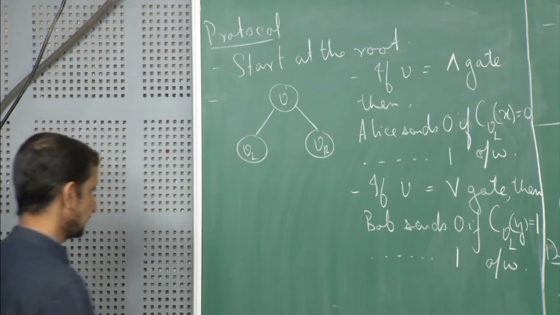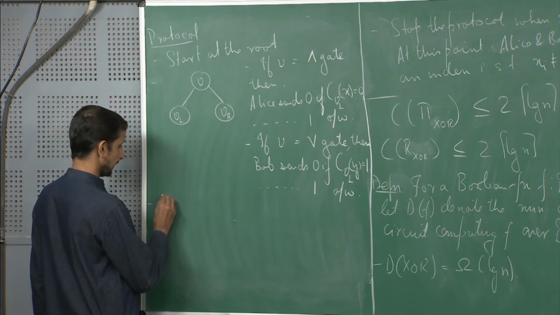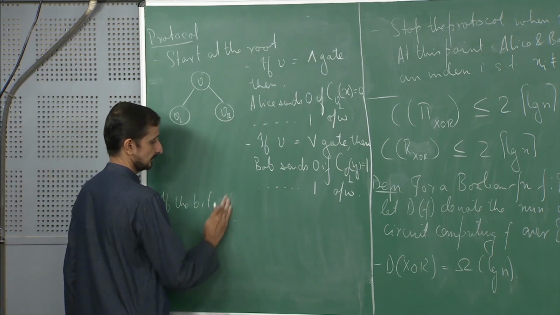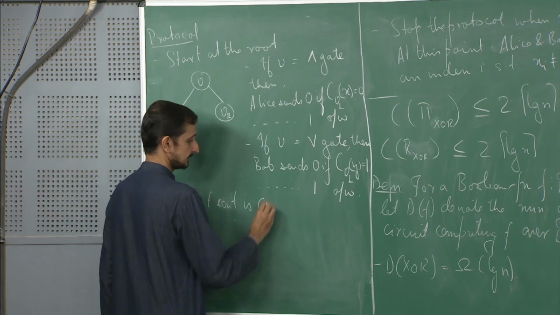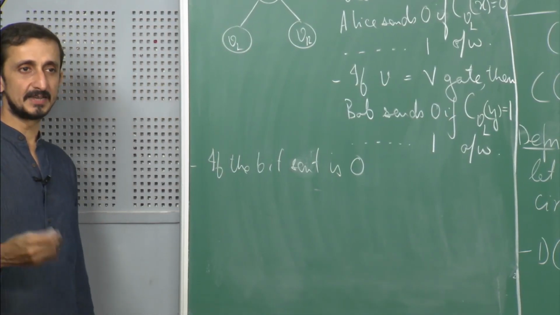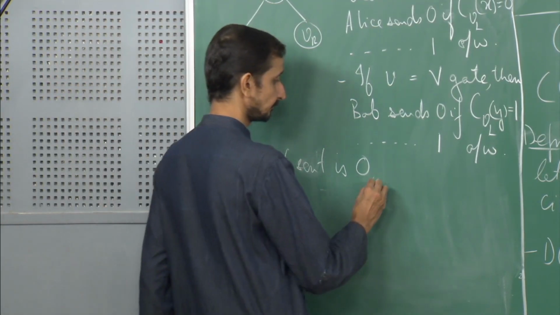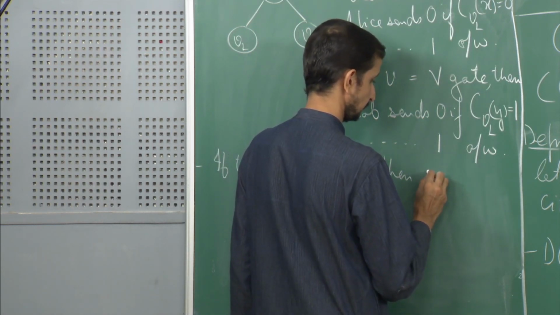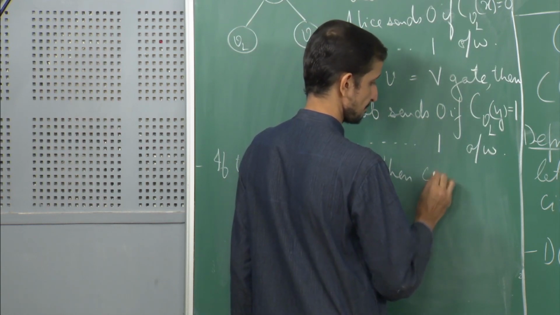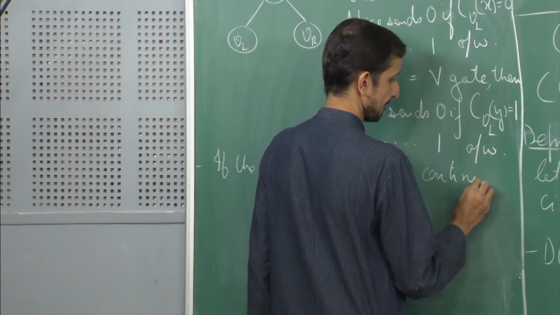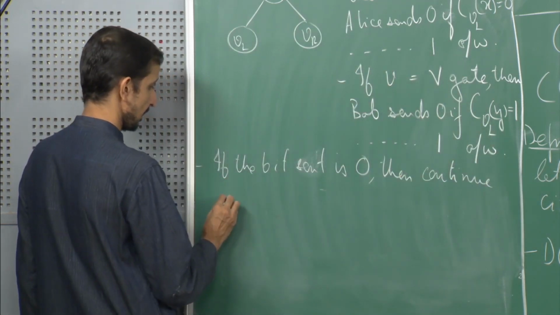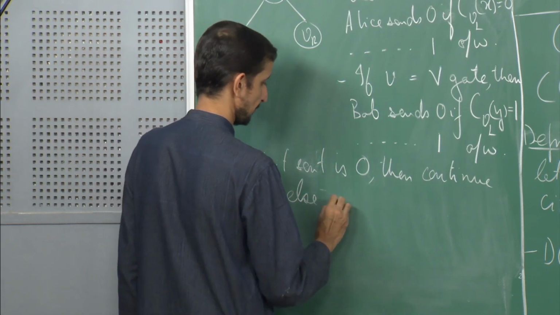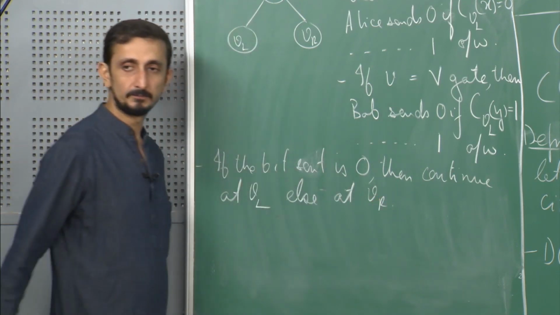Now, what do you do at the next round? If the bit sent, by Alice or Bob, is 0, then continue at VL, else at VR.